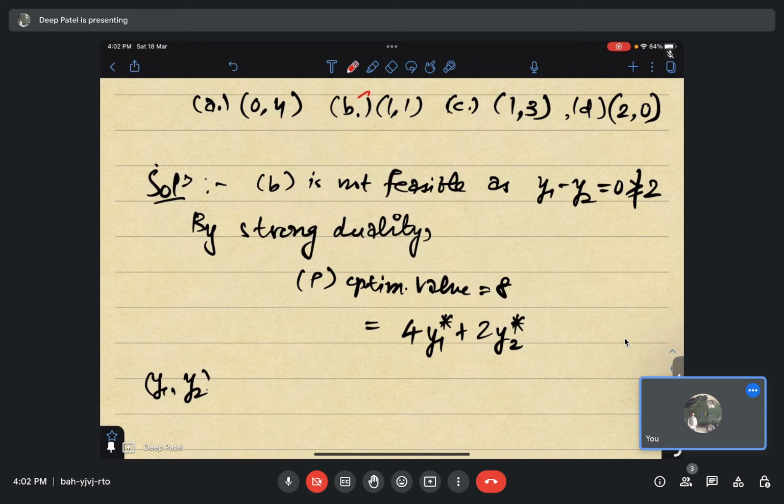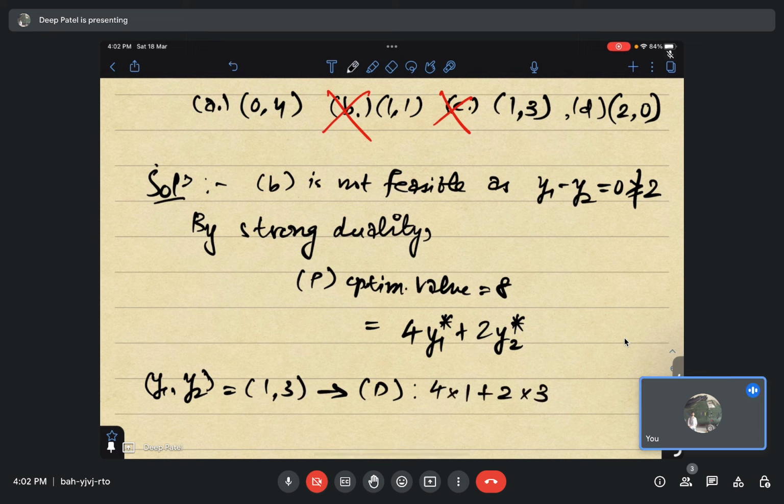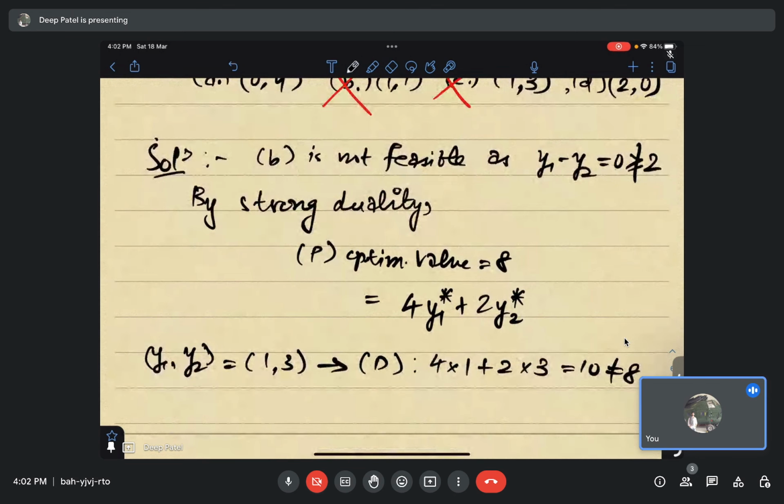So for C, y1, y2 equals 1, 3: 4 into 1 plus 2 into 3 is 4 plus 6, 10, which is not 8. So C is also not possible.